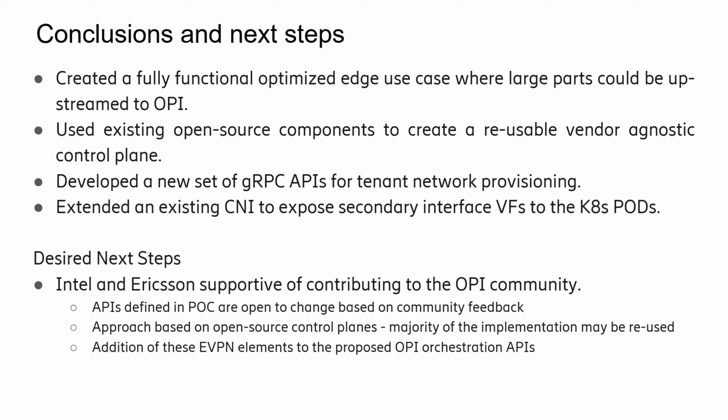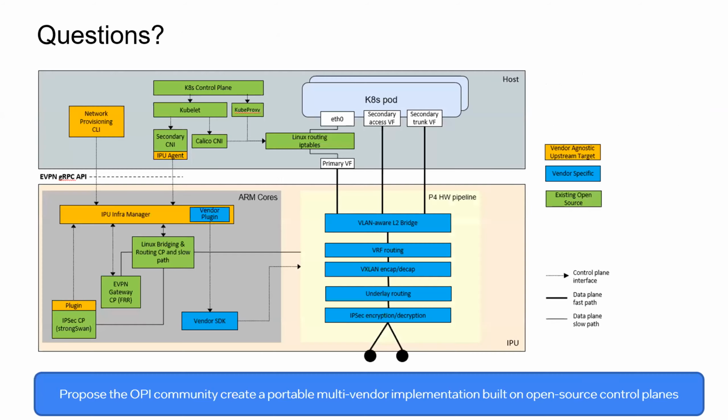From our perspective, we'd like to augment the existing proposed API with our EVPN approach as well. But further than that, we'd actually like to contribute, as Jan described, the vendor agnostic code, basically everything here that's in yellow code. In short, yes, John. I think that level of API is one of the levels that should be in scope for the OPI standardization.